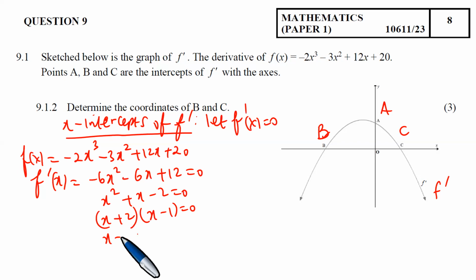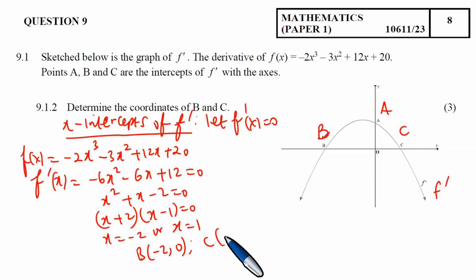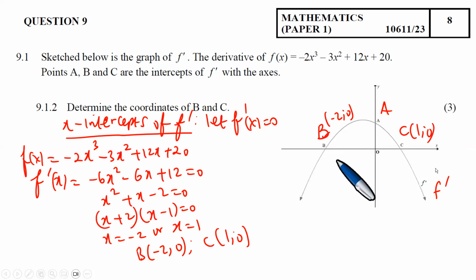Which means x is minus 2 or x equals 1. What are the coordinates of B? x is minus 2 and y is 0 on the x-axis. But also the point C has coordinates x is 1 and y is 0. Minus 2 and 0, 1 and 0. So now we have found the coordinates of B and C, which are the x-intercepts.